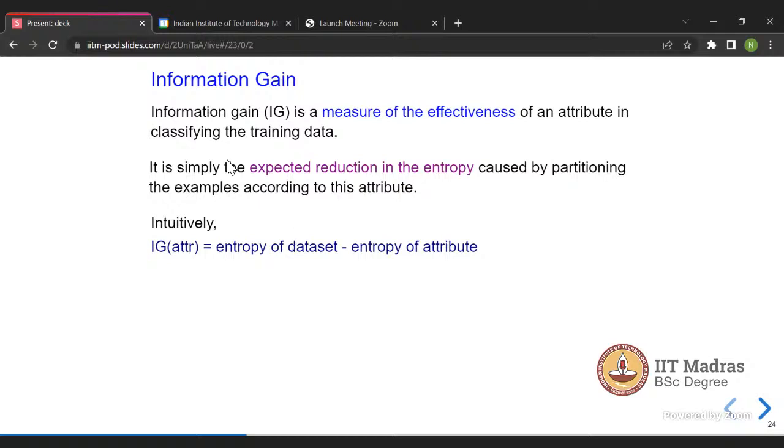That reduction is called the information gain, and we want information gain to be higher, because higher information gain means higher reduction in entropy, and entropy we want to minimize, right? So these are the three measures we choose for finding the splitting variable, or say attribute, along which we have to split our data set.